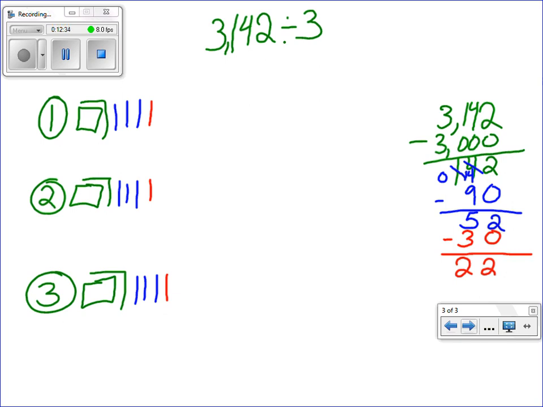Got to think about the easiest way to share. I could give each one one and then subtract 3, but that'll take a lot of work. I'm going to go about as high as I know, and let's see here. I know that 3 times 7 is 21, and that's really close to 22. So I think I'm going to give each one 7 ones.